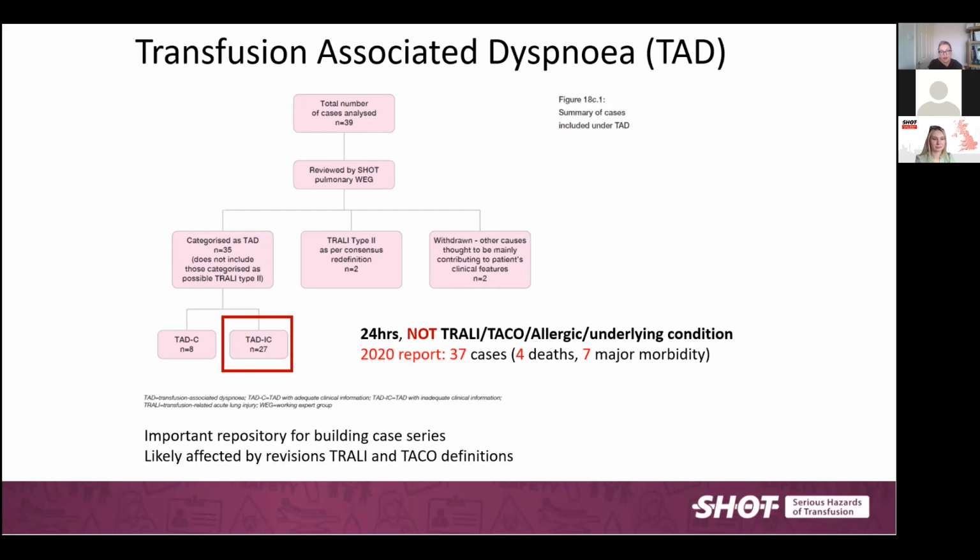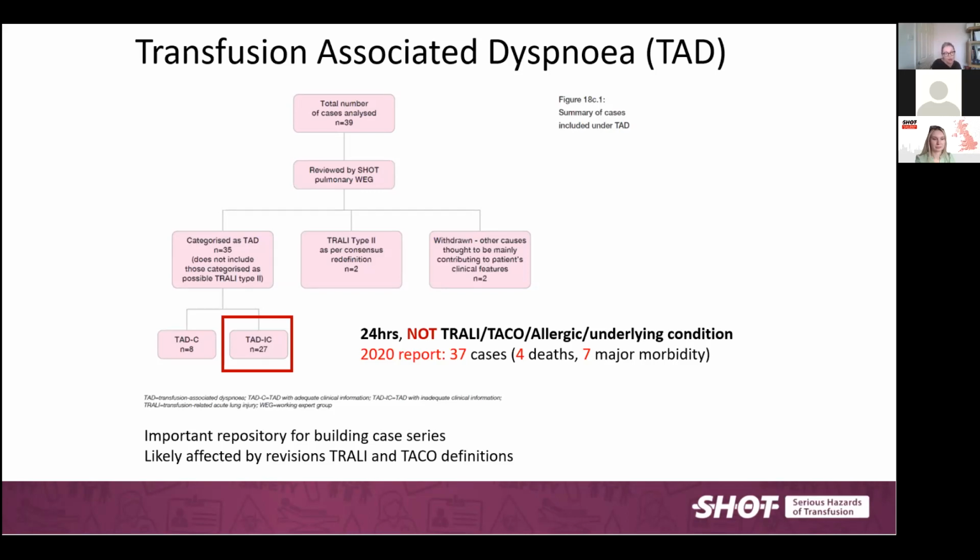Every year, the pulmonary working expert group, of which I'm part of, look at all of these cases, and we try to classify them. This is a summary from the 2020 report. Of those 39 cases, 35 were categorised as TAD, 2 did meet the definition for type 2 TRALI that we've just looked at, and 2 were withdrawn for other reasons.